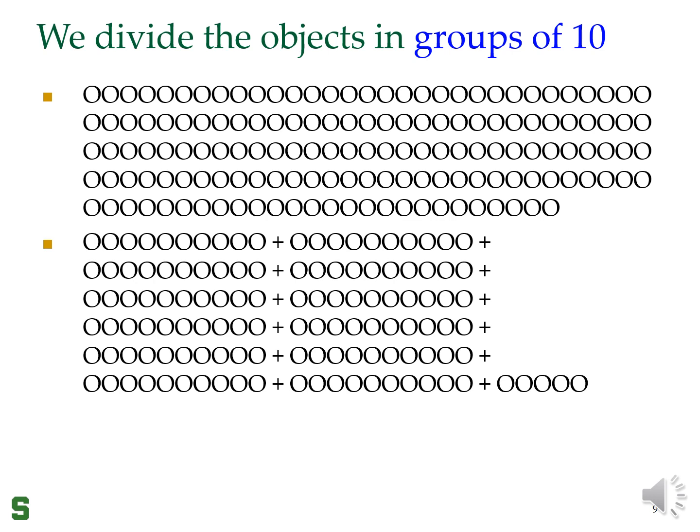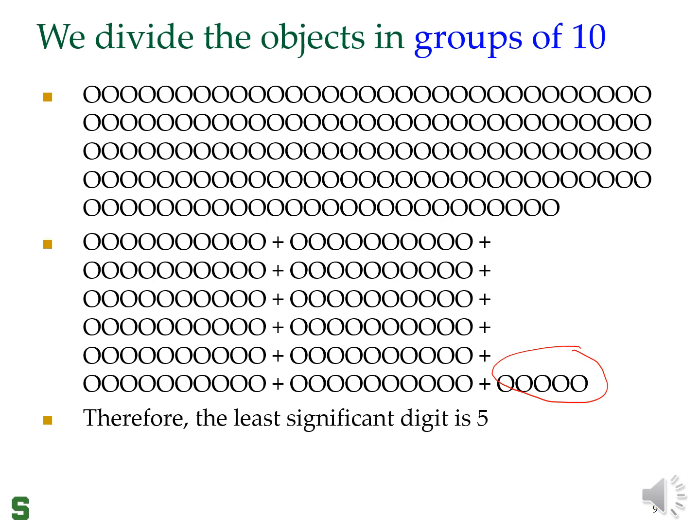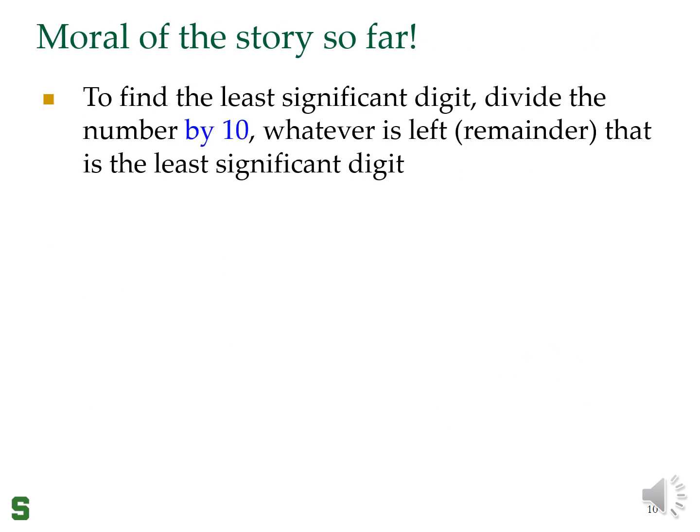If I create groups of 10, given that there were 125 O's in my object, I will have 5 things left, and that 5 is going to form my least significant digit. So the moral of the story so far is if I want to find the least significant digit, I divide the number by 10, and whatever is left, namely the remainder, is my least significant digit.